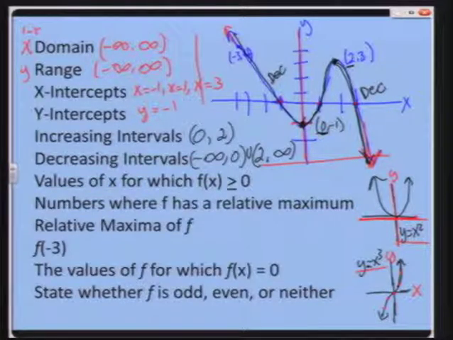Notice we're looking for values of x for which f of x, or y, is greater than or equal to 0. And let's think where that would be. Y's are positive all up in here, aren't they? And y's are positive here, and they're equal when we're on the axis.